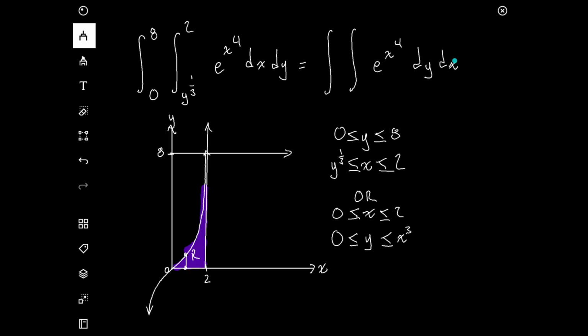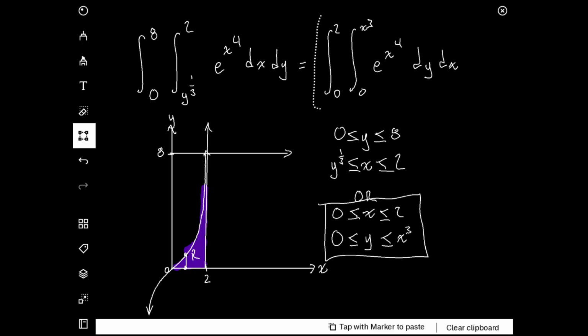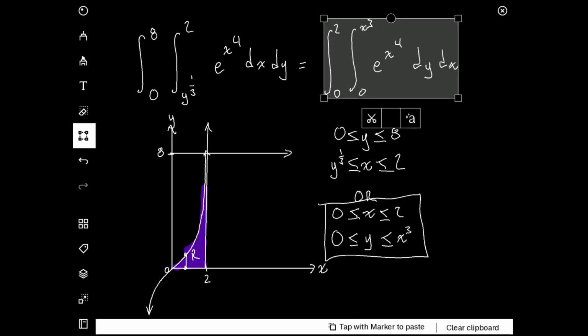And for dx on the outside, we plainly had these down here, so we went from 0 to 2. For dy on the inside, we went from 0 to x to the 3rd. Okay. So this is what we're going to work with.